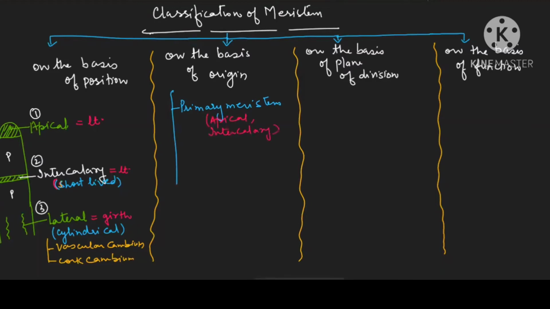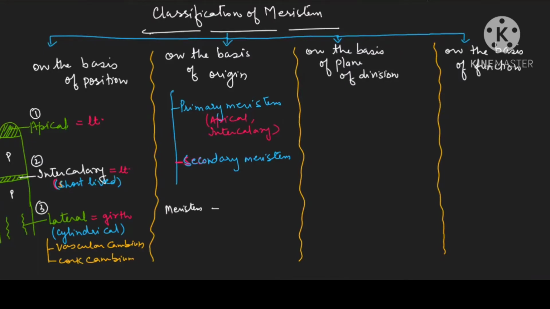Then there is secondary meristem. Secondary meristem is the one which is made by the dedifferentiation of the permanent cells. Let me explain. See, this is your meristematic cell. Try to understand.